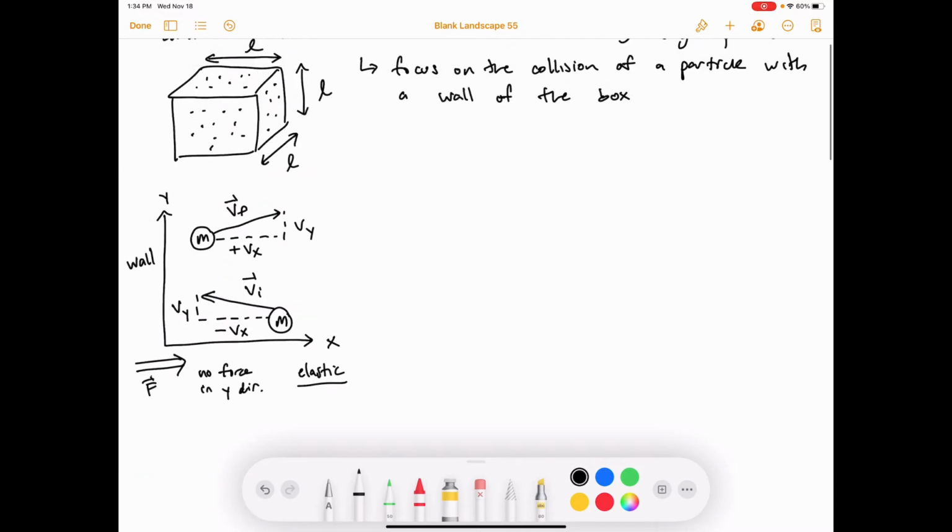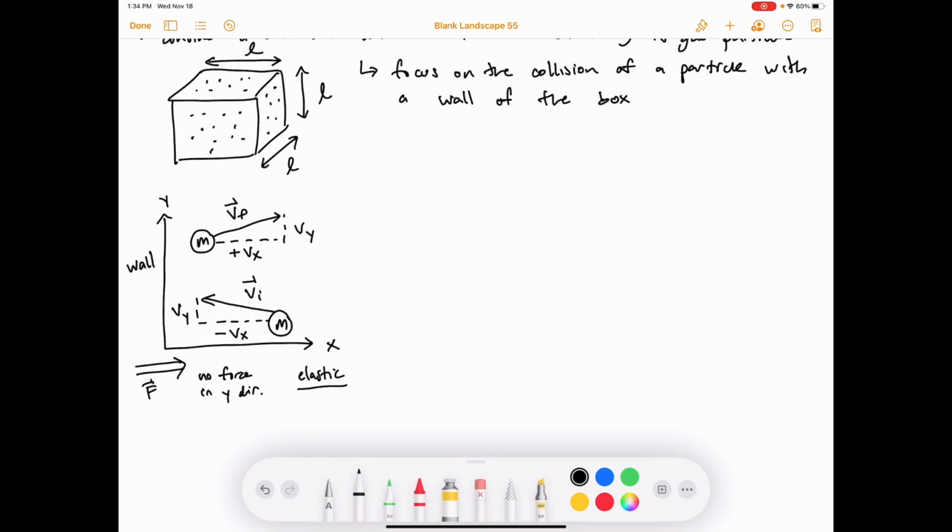So with that picture in mind, let's calculate the average force from the wall on the particle. So you should remember from chapter 9 how to do this.